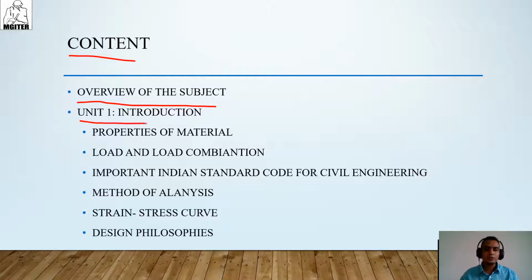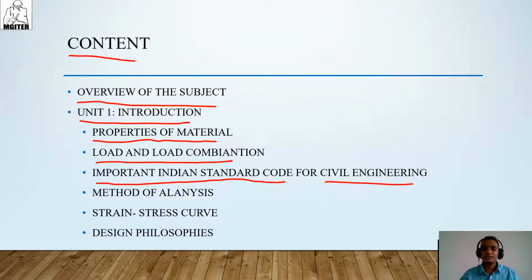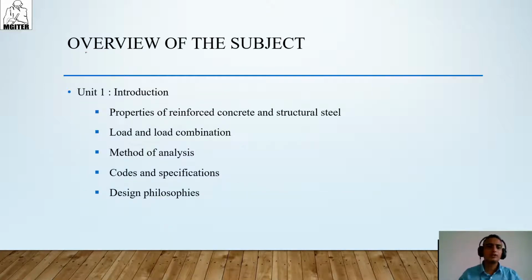So first of all is the introduction, unit 1. In unit 1 we learn the properties of material, load and load combination, important Indian standard codes for civil engineering, method of analysis, stress strain curve and design philosophy. So first of all we have the overview of the subject.